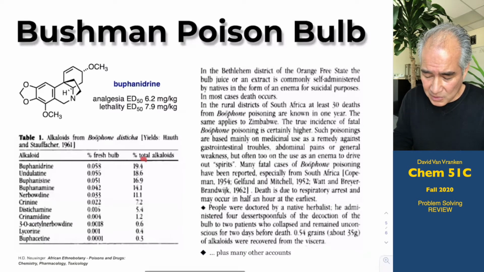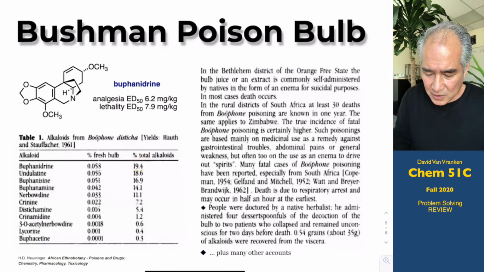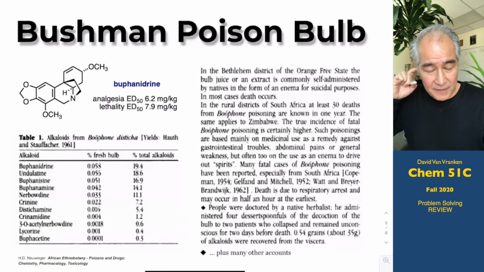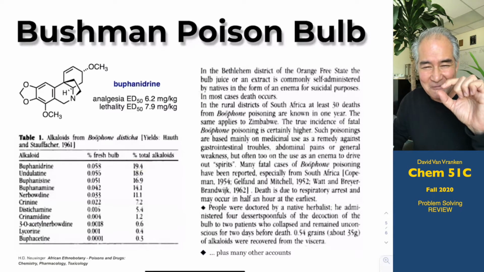The one that is most abundant in this African version is bufanedrine. It has analgesic, anti-pain properties, with a 50% effective dose of 6.2 mg per kilogram, but that's very close to the dose that you need for lethality to kill mammals. The therapeutic index for this is razor thin.